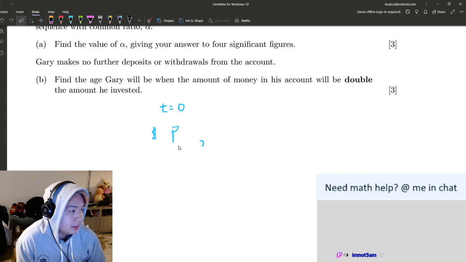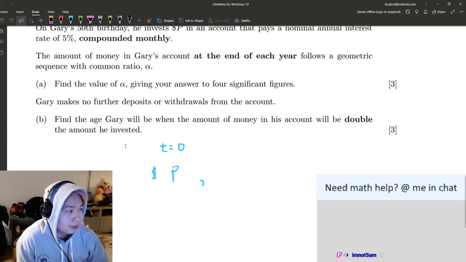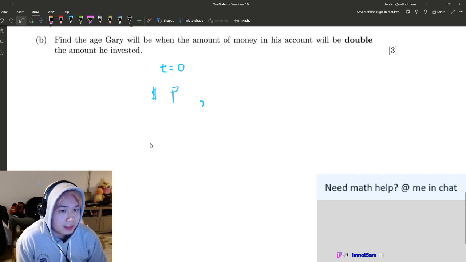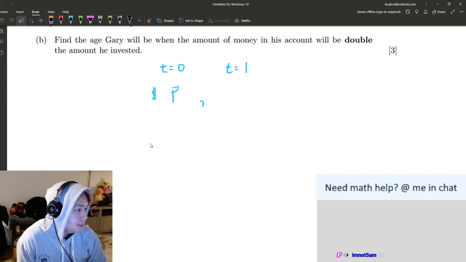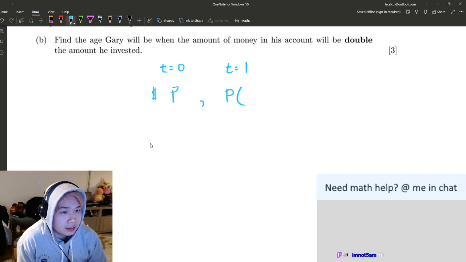And we need to find out the next term in the sequence, and then we can find out what the common ratio is. So the next term is after 1 year. And we do have a formula for that, right? The future value is P, the initial investment, times 1 plus 5 over 100.